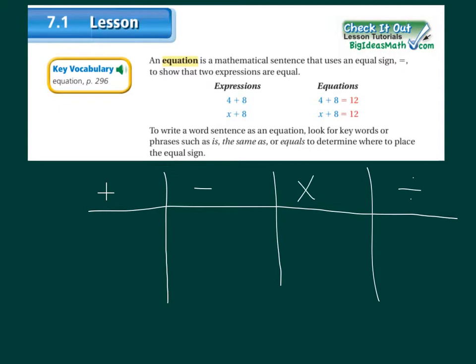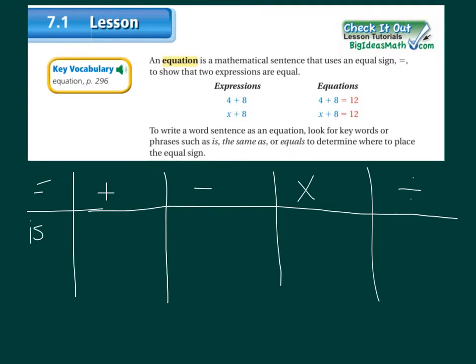And every time you see a new word or you know some words that fit into these places, put those words where they belong. That way when you see them again, you'll know how to use them correctly. So again, is, the same as, or equals, those all mean equals. You can put equals off to the side here as well. We can put equals. And you can start your table by putting is, or the same as, or equals.